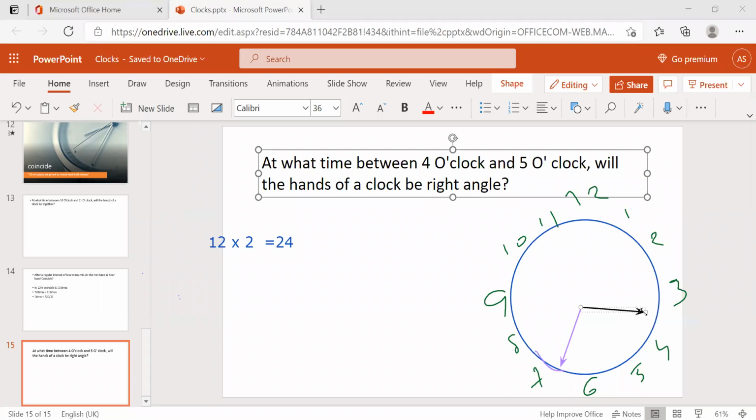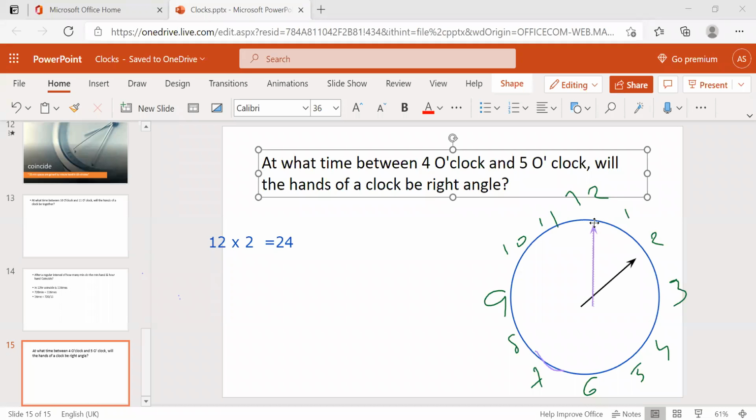But come to the same thing at 2 o'clock. When the time is 2, when it will make the first right angle, the sector between 12 and 1 is 30, 1 and 2 is 30, only 60 degrees.